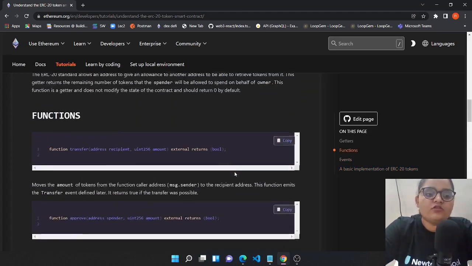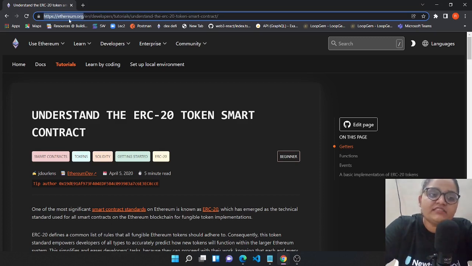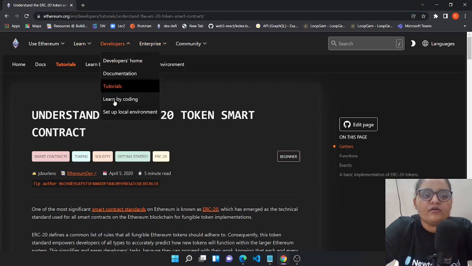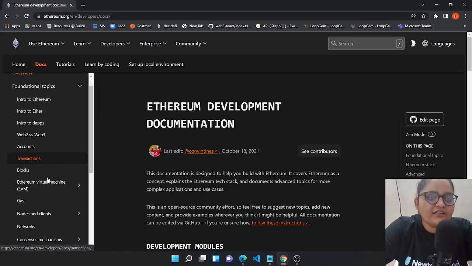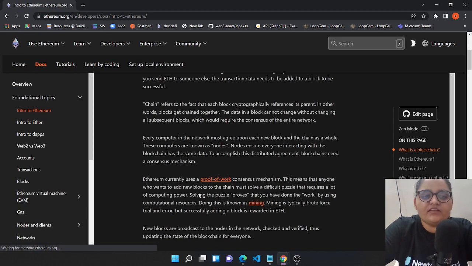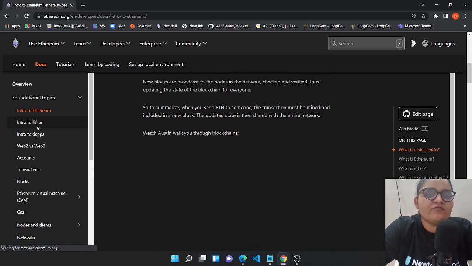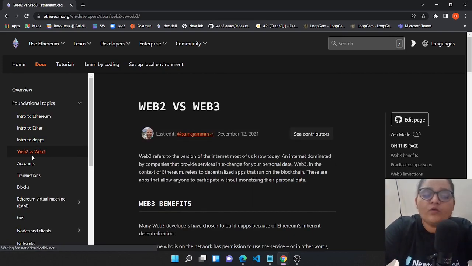If you want to check out more things and gain more information, then I would suggest you go to the ethereum.org website, and there you have the developer section where you can go to the documentation, and here you have everything. Like what is blockchain, intro to ethers, intro to dapps, and what is web 2 and web 3, how they both are different from each other.